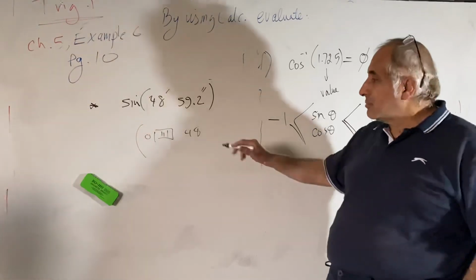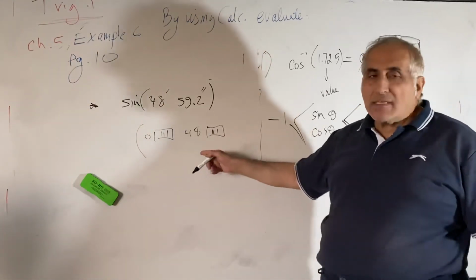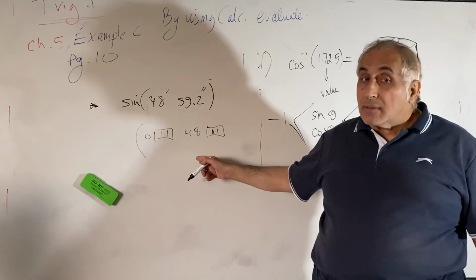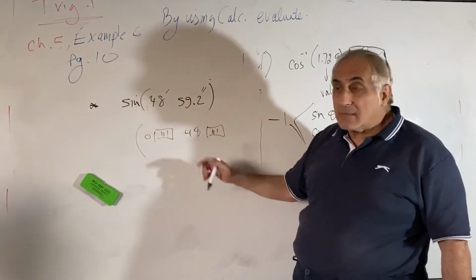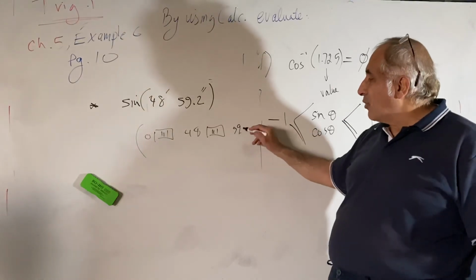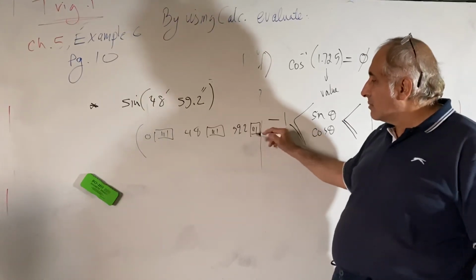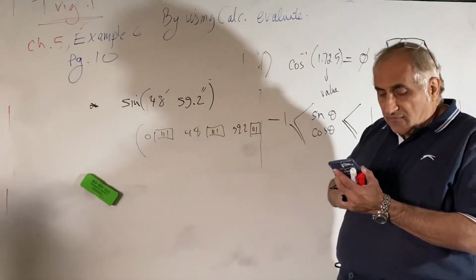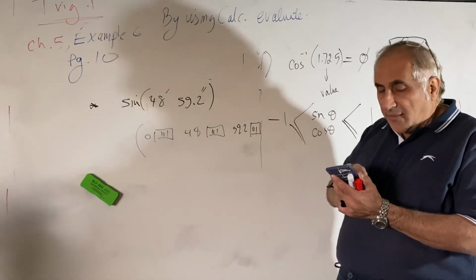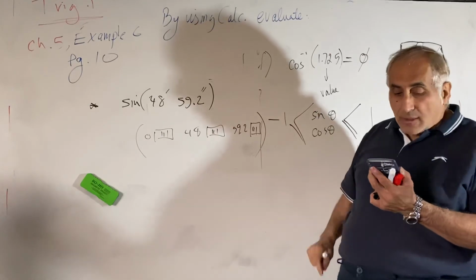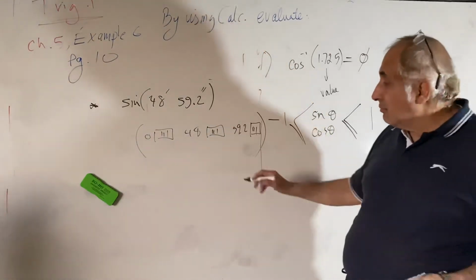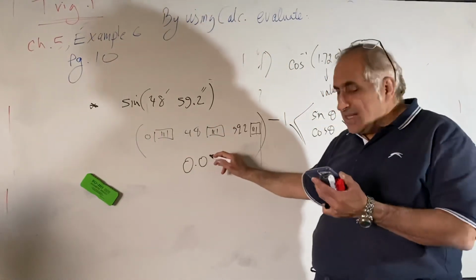Press it again. Now your answer is being entered as what? As minutes. And then we have 59.2. Press this one again. So 59.2, press it again. Now close the bracket. And the answer is supposed to be, see, it's a valid answer.